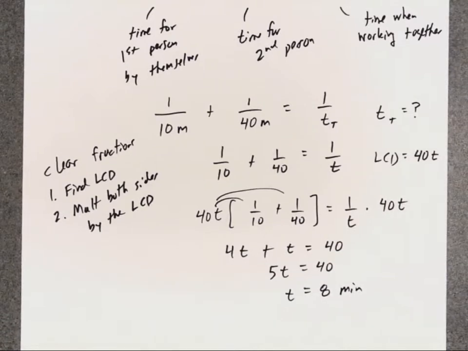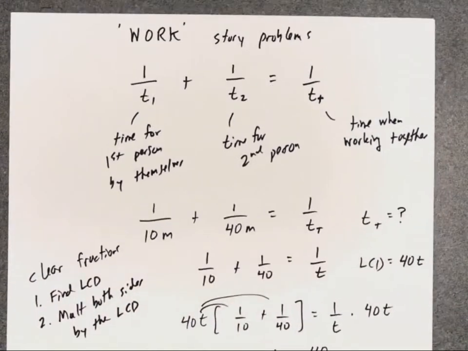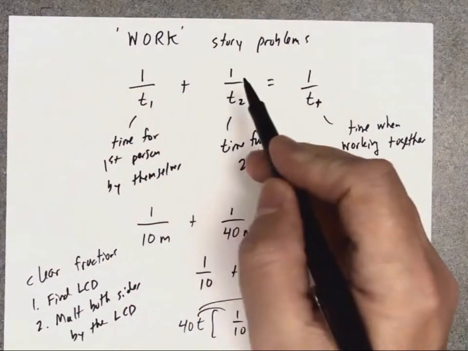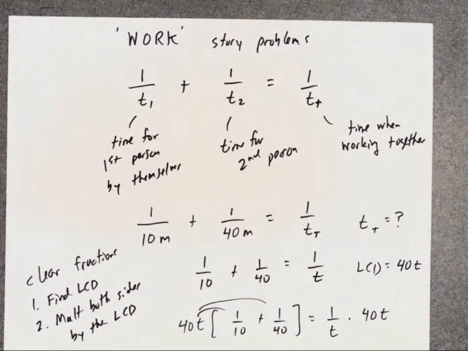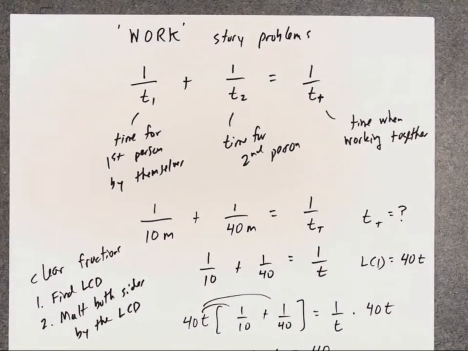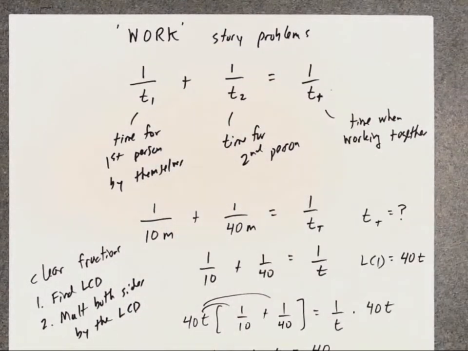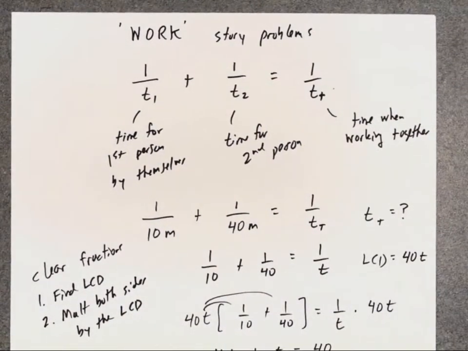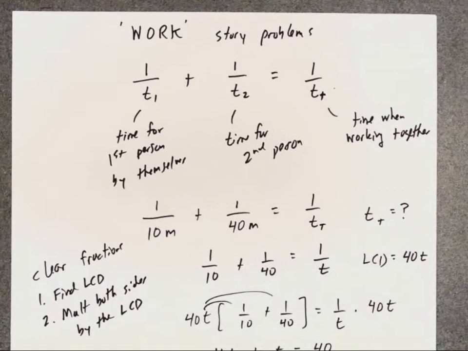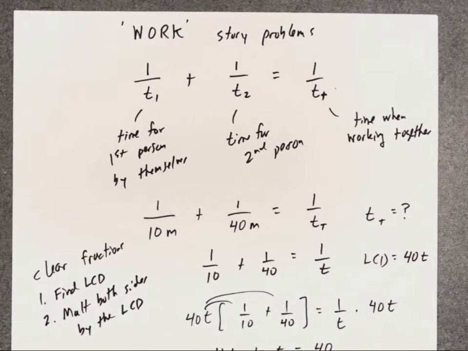All right, as story problems go, these are actually one of the easier ones, and that's because this equation always works, and it's the one you can use. So you just got to remember this equation, plug in the information they give you, and you're able to solve the story problem.